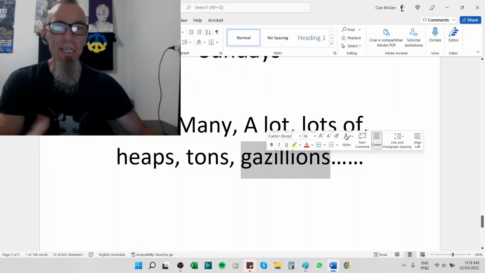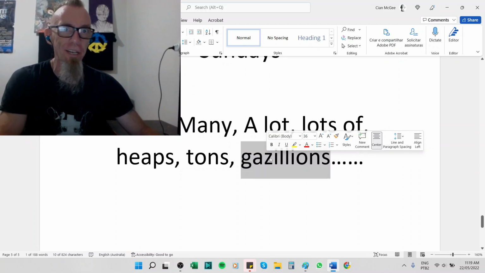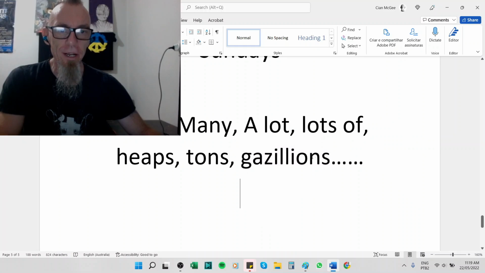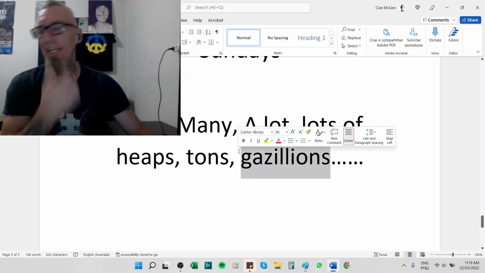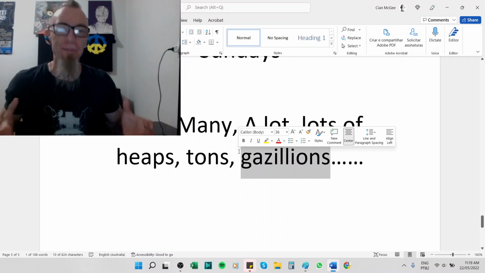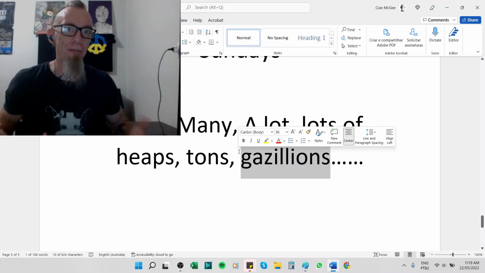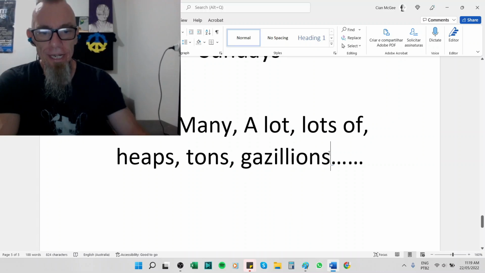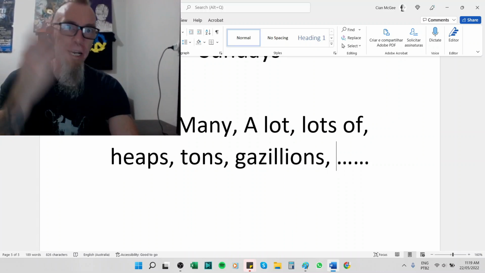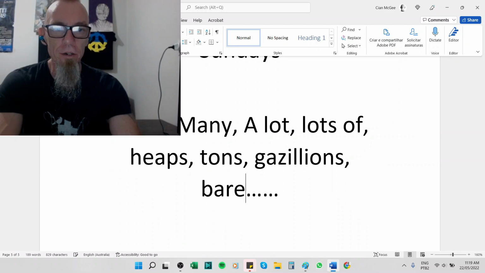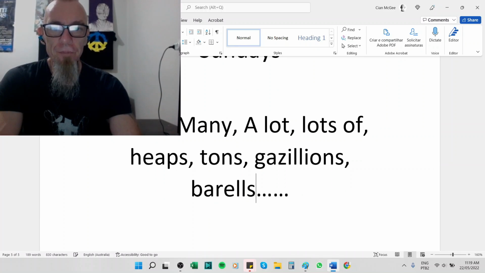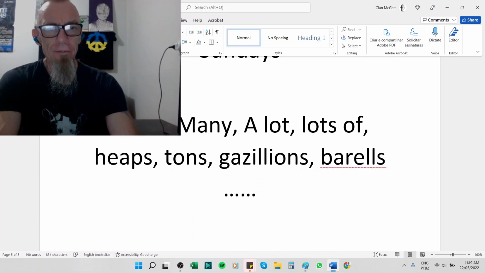There's no such word as a gazillion, but in my books, I use gazillions all the time. Any quantifier that represents a large amount of something, for example, a way that we can hold wine is a barrel. So barrels. How the fuck do you spell barrel?